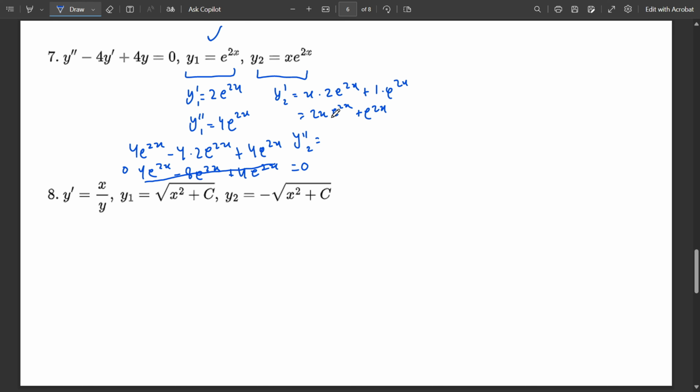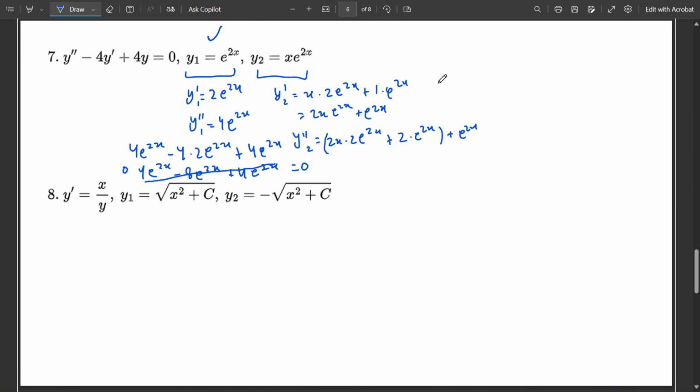So we need to have another product rule. So we have 2x times 2e to the 2x, plus, leave this one, so we have 2x, and then we take the derivative of the first, which is just 2 times e to the 2x, and then plus e to the 2x. Okay, substituting this and this into the differential equation.